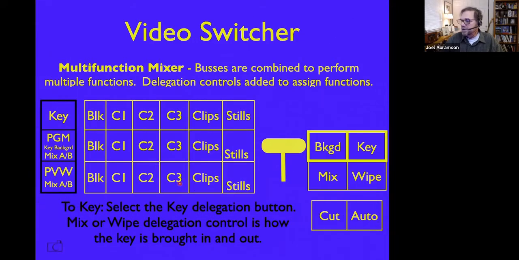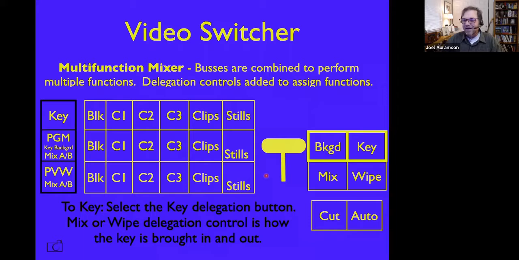So what we do is we use the background and key, and since program is the key background, maybe we'll use the still as our background source, and we'll use camera 3 as our key source and key in the Weathercaster there. And we might set this up first and then go to our key bus, right?